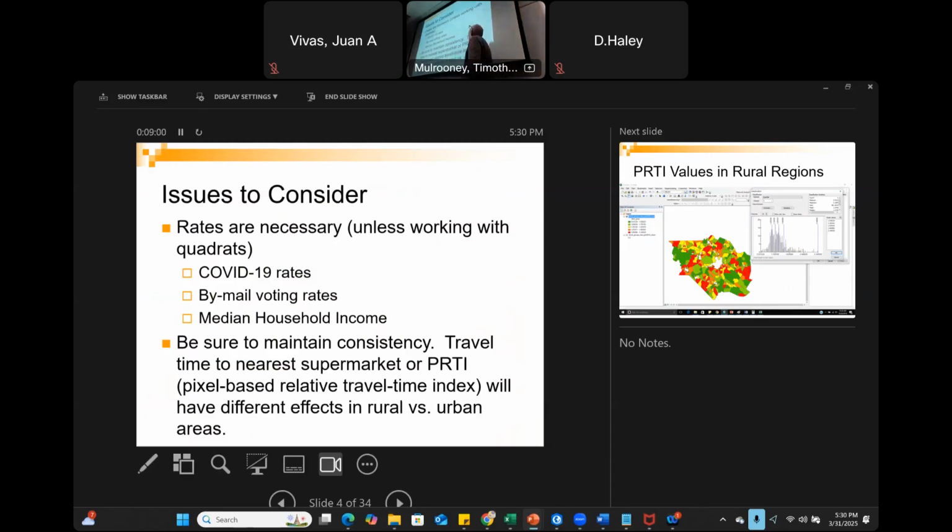And then also make sure we maintain consistency, where if I'm looking at some of the things that Barbara did, she just looked at Durham County, which is largely an urban county for the most part. But if we're comparing urban food access versus rural food access, just in terms of mileage or driving time, you're going to have very different results, because in rural areas, we're going to expect to drive farther and farther away.